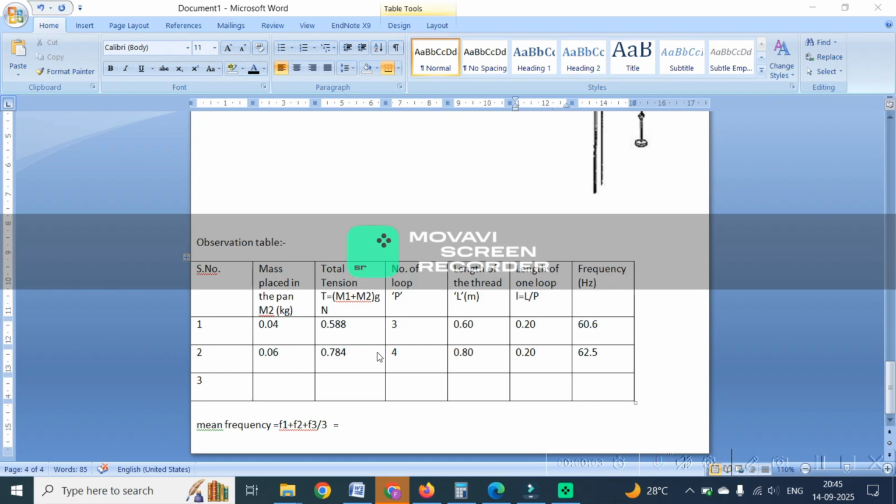I have already written these two trials, and I'm going to fill in the last one now.